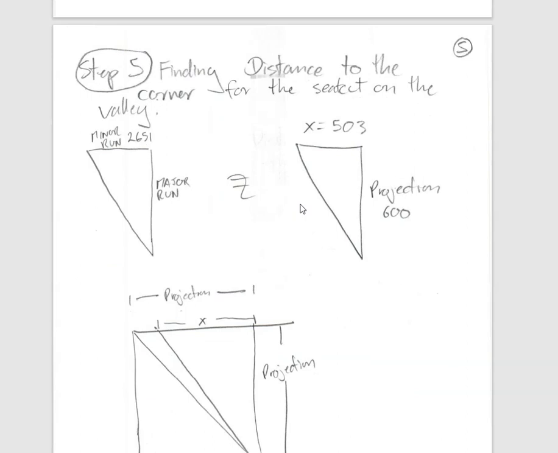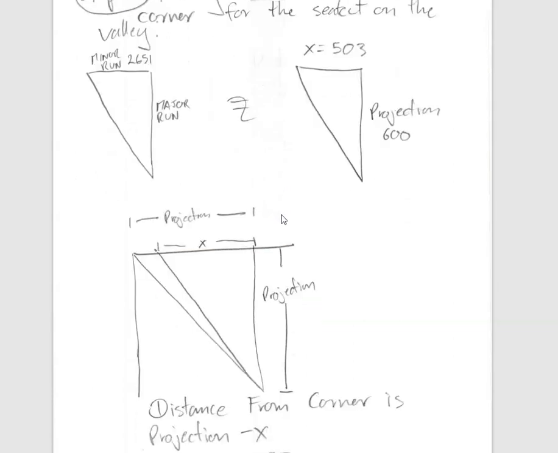Another piece of information that we should get before starting to calculate our rafter lengths is the distance to the corner for the seat cut on the valley. Okay, how do we do that? So if you can picture this as the projection of the building here.